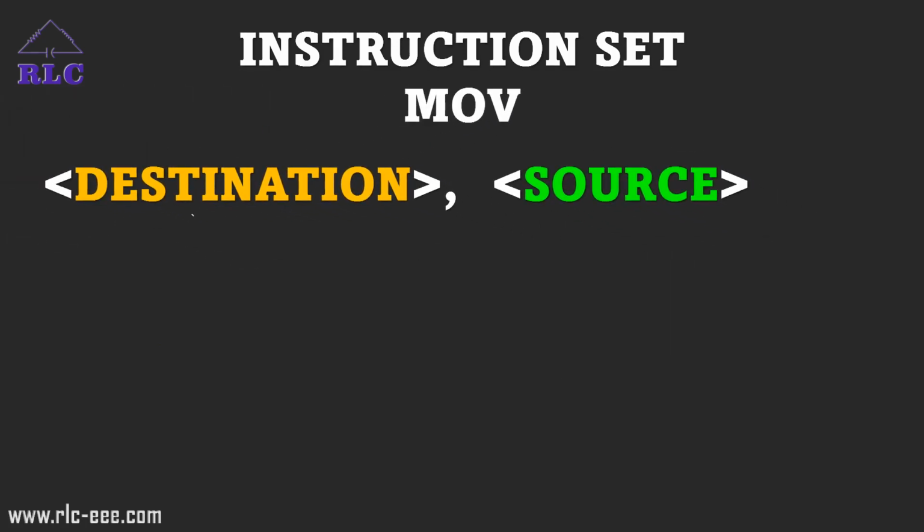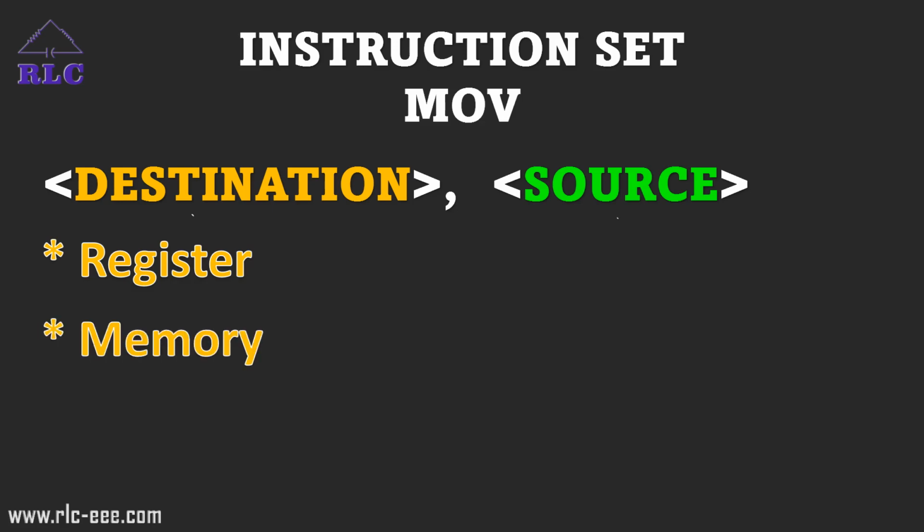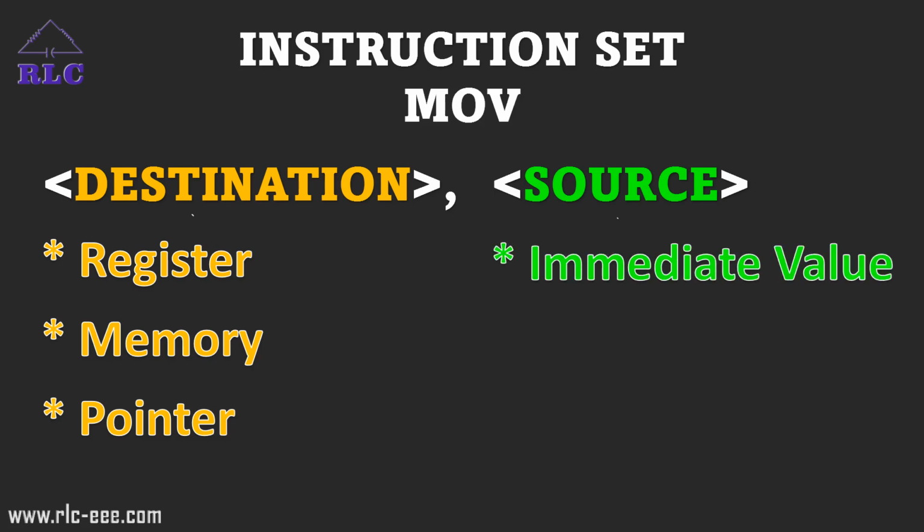The destination and the source can be of different types. First, the destination. The destination can be a register, a direct memory location, or a pointer, whereas the source can be direct data or an immediate value.